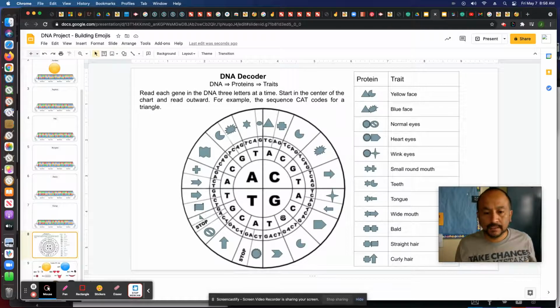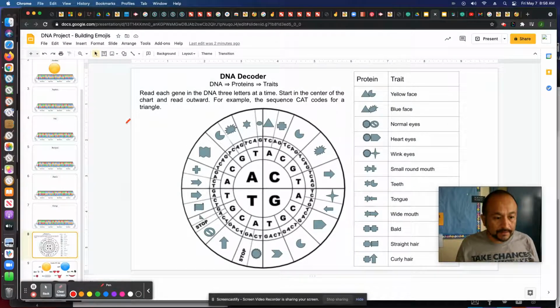And according to my DNA decoder, let me write this on the screen so that you guys remember. For eyes, we have TAT. We're going to look for TAT first.